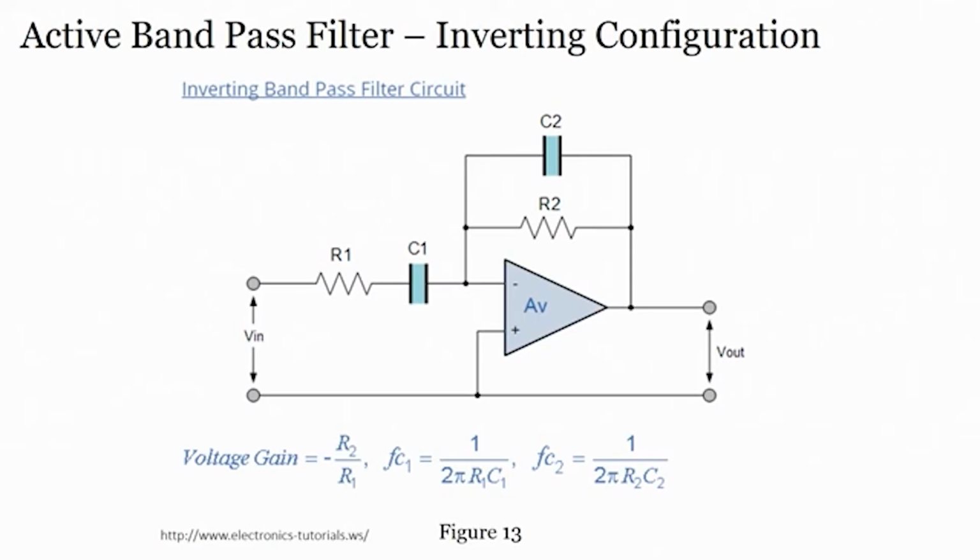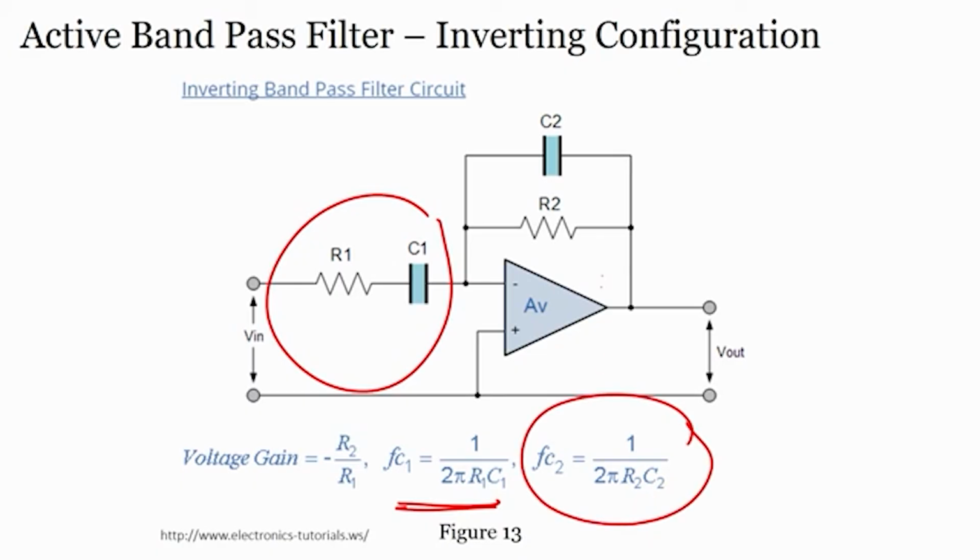Coming back to the screen, this is the active band pass filter, inverting configuration. Here the formula is again the same: FC1 is 1 upon 2 pi RC1, FC2 is 1 upon 2 pi RC2, and your voltage gain is minus R2 by R1, because this is an inverting op amp.